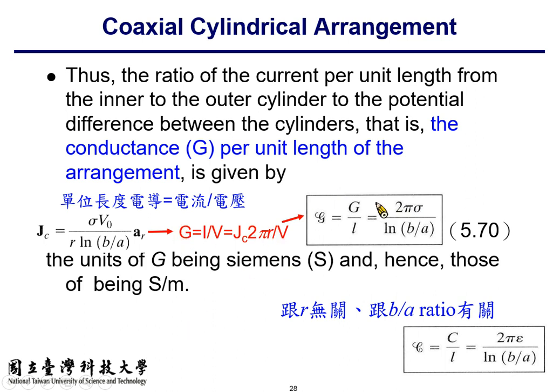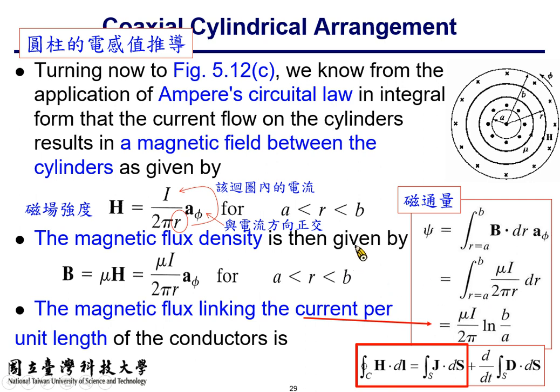Okay, so you end up with 2 pi sigma over log of B over A, which is quite the same as the per unit length capacitance. It's expressed as 2 pi epsilon. So here you have 2 pi sigma, okay? And the denominators are the same. So let's stop here and continue with page 29.